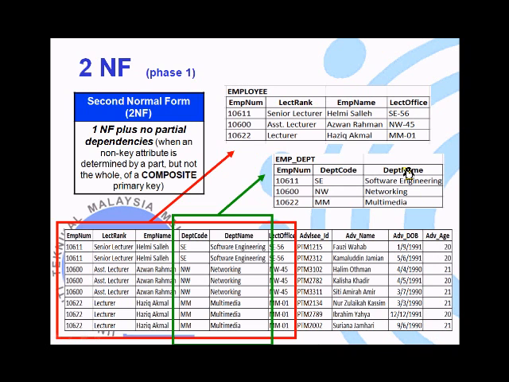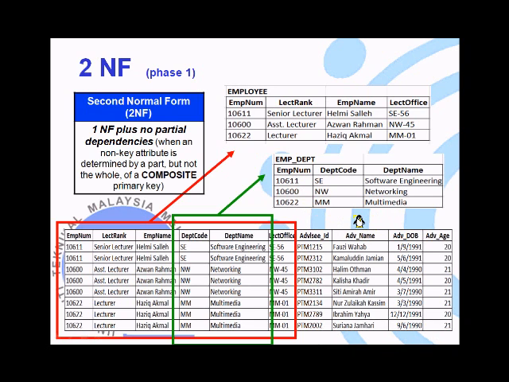So if we look at EMP department, some of the information is related only to a specific field. If we look at software engineering, related to SE, which is the department name, it is related only to department code and not to the employee num. So this is what we call partial dependency.